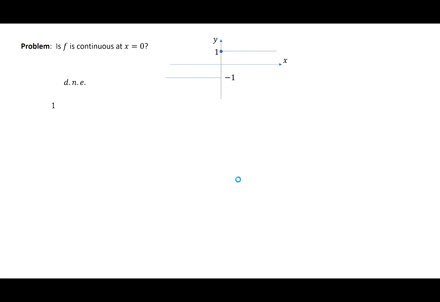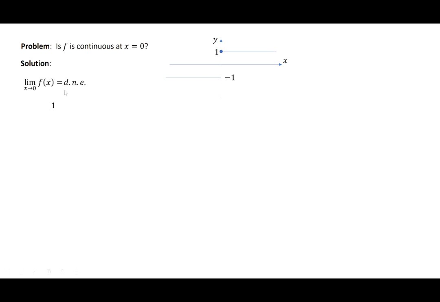Let's look at this scenario. Is f continuous at x equal to 0? As usual, let's figure out both the limit of f of x as x approaches 0 and the function's value. What is the limit of f of x as x approaches 0 here?